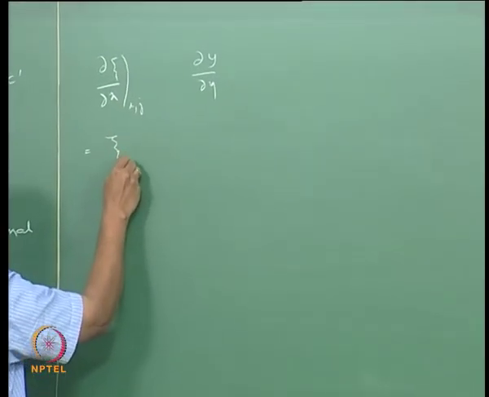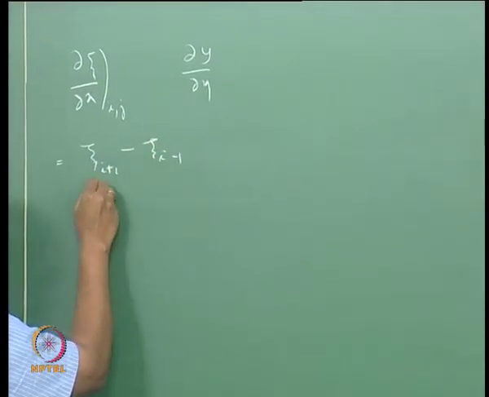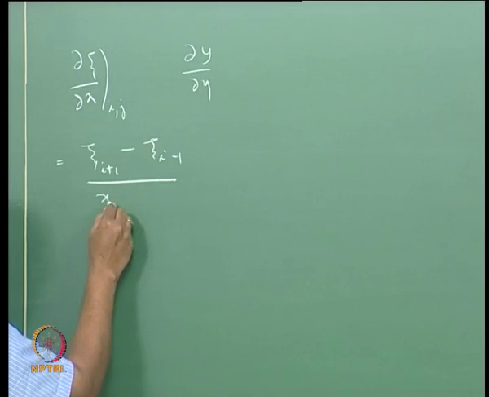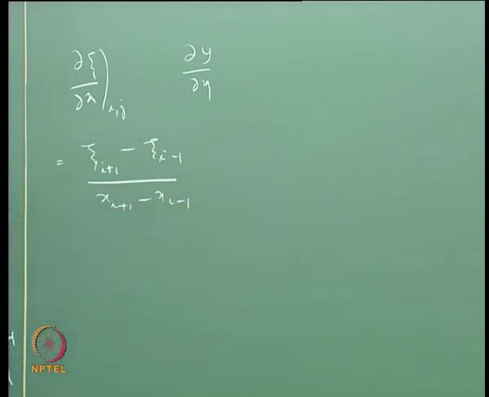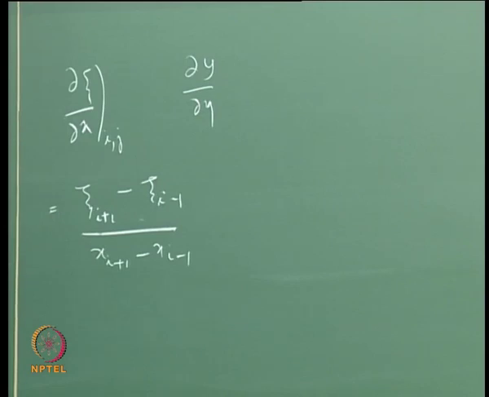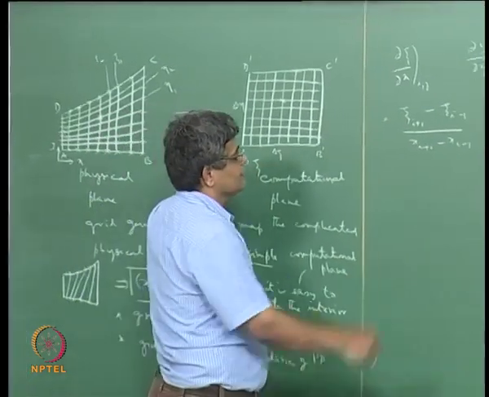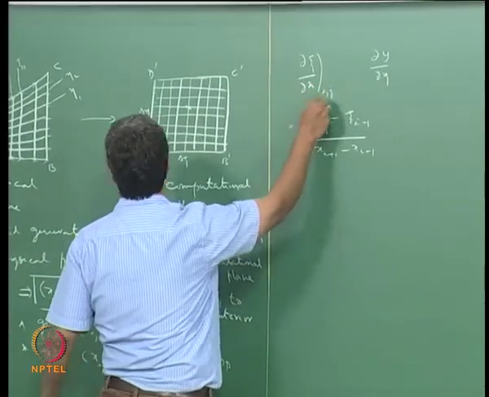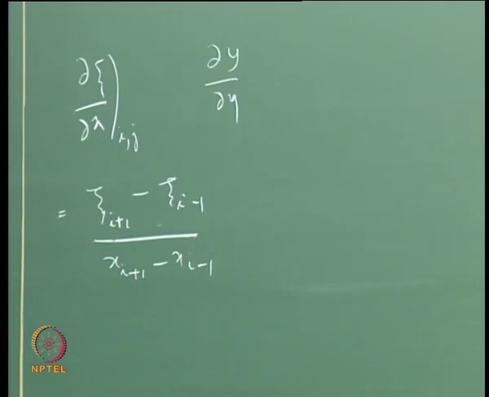So, we can write this as psi i plus 1 minus psi i minus 1 by x i plus 1 minus x i minus 1, and this is for this particular point, and these are the neighboring points, and we know these things because these are along constant psi lines. And this is what we can do when ij is an interior point, and this we know is a second order accurate approximation for this.